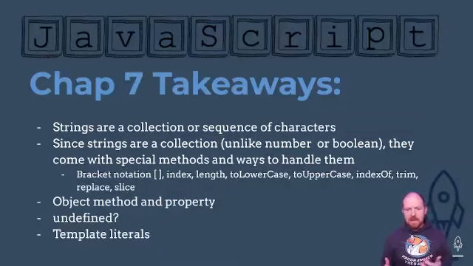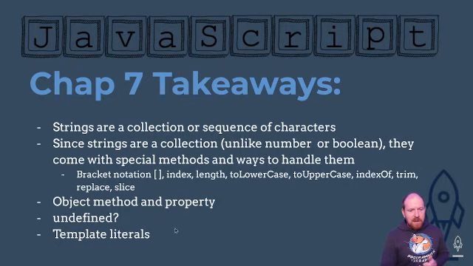You can find out the length. You can make them lowercase or uppercase. You can find the index of a certain character or set of characters. You can trim it, so if there's white space on the beginning or end, you can trim that down. You can also replace certain characters or certain phrases with other ones. And then you can slice, which is like cut.